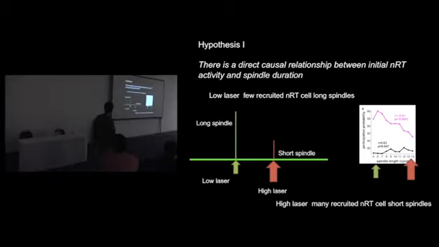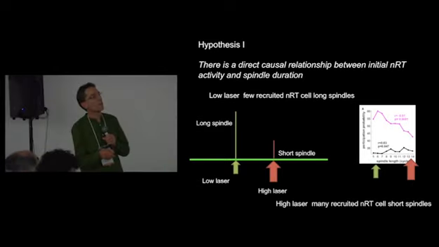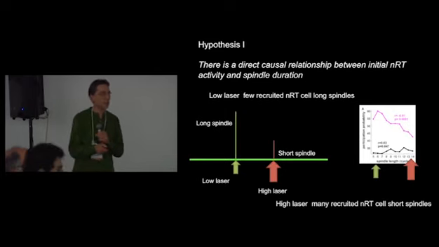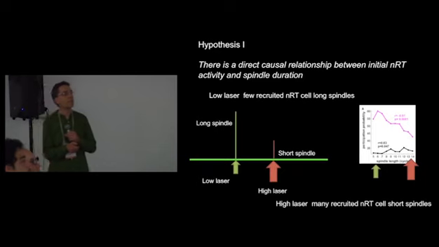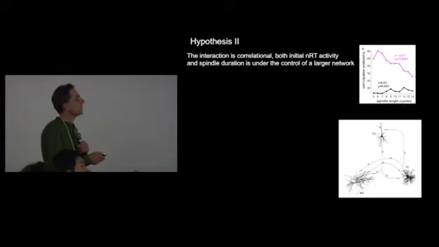And if you have high laser light, you will induce short spindles, since high laser light is supposed to activate a lot of NRT cells. So if this correlation is true, then you will get only short spindles.